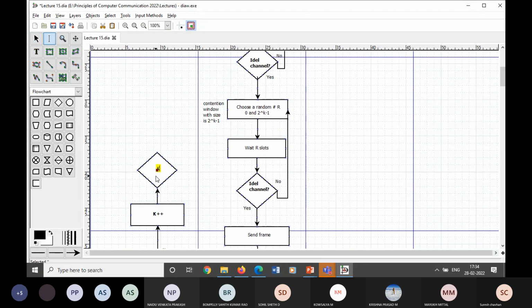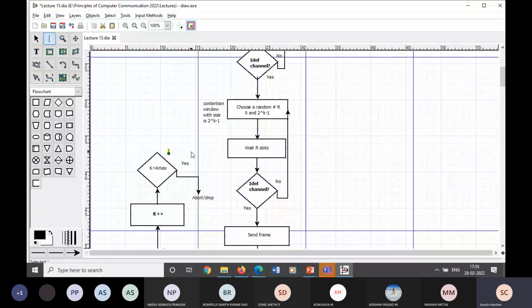If yes, you have to abort the process or drop the complete frame.